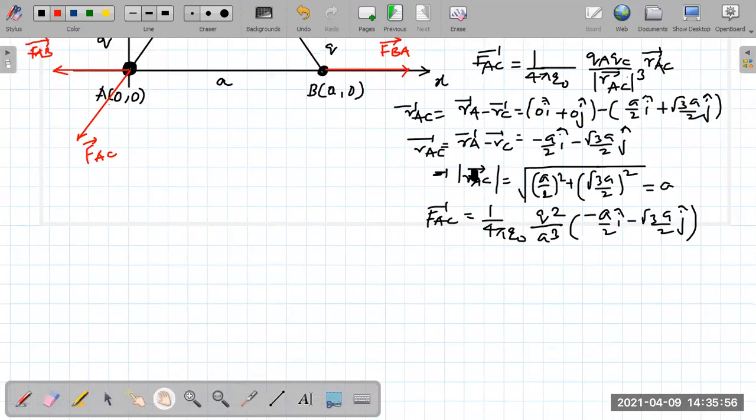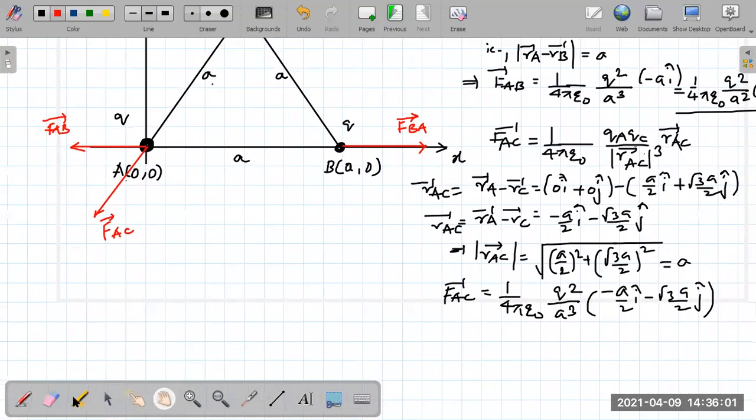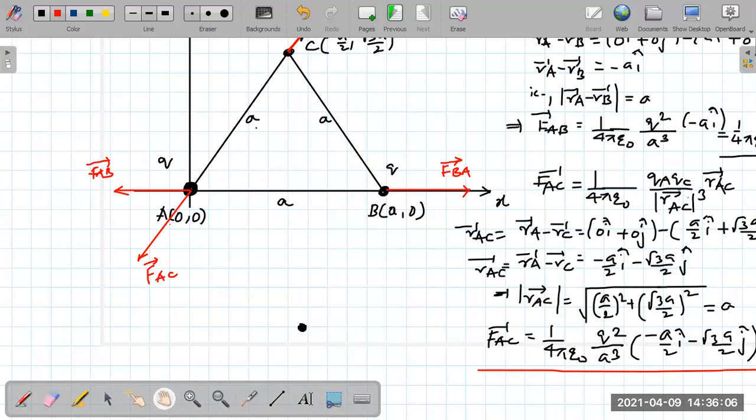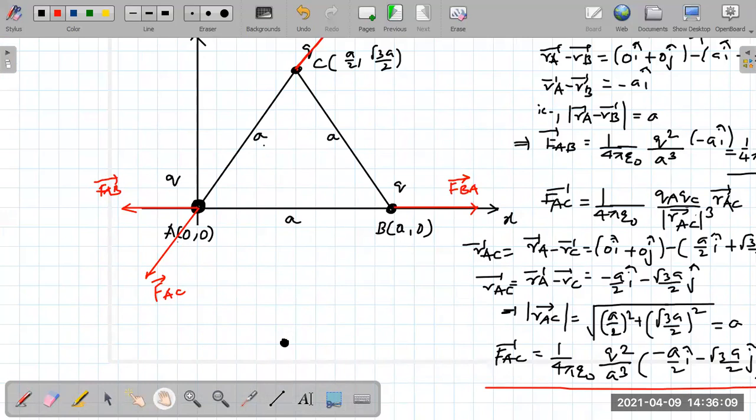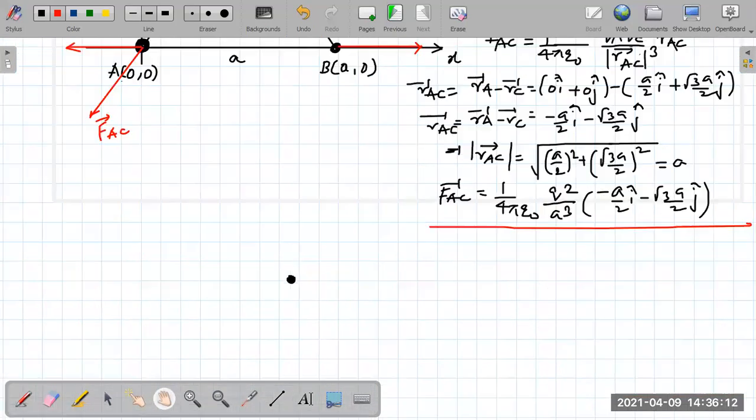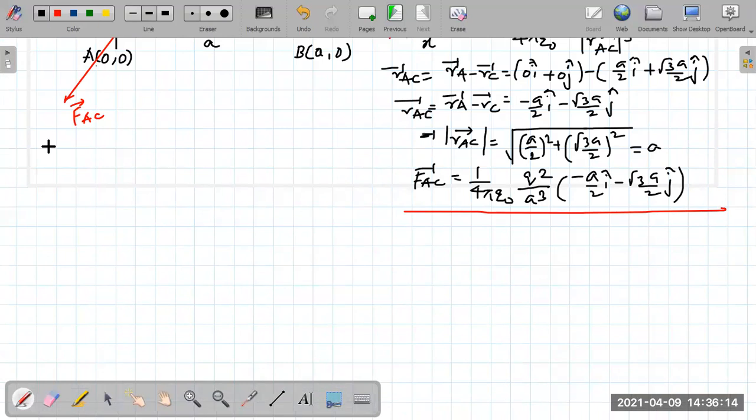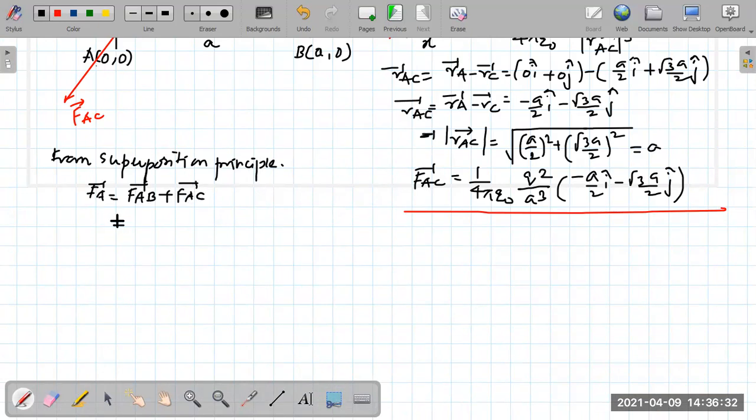So simply, superposition principle. Total force on A is force on A due to B plus force on A due to C. Okay, this will be how much?